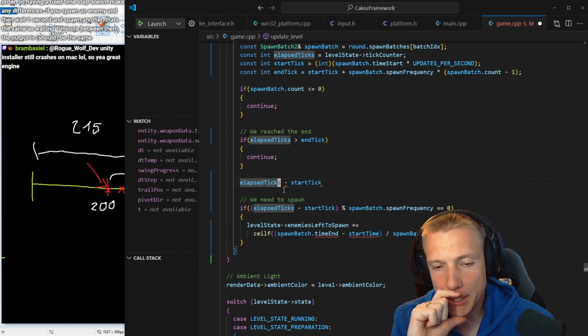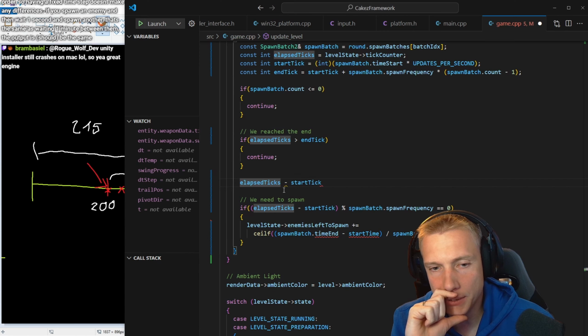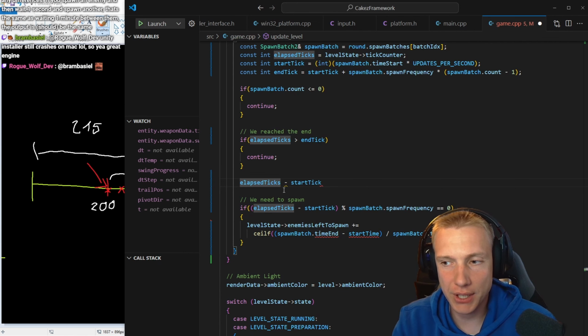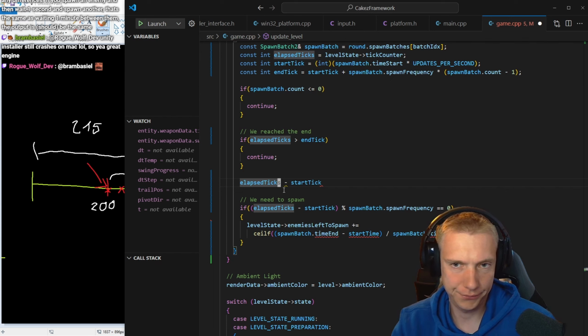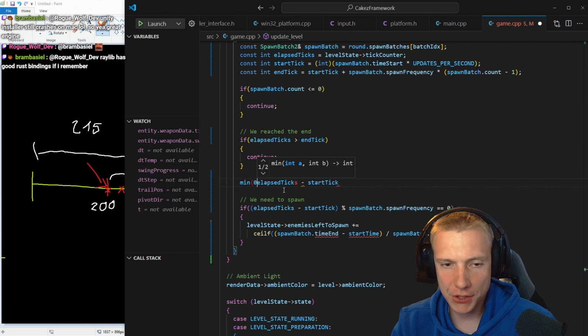So let's do this. 215 minus 200 is 15. That gives us ticks into it. This is how much we have to remove from the ticks, so the minimum of this has to be 0.